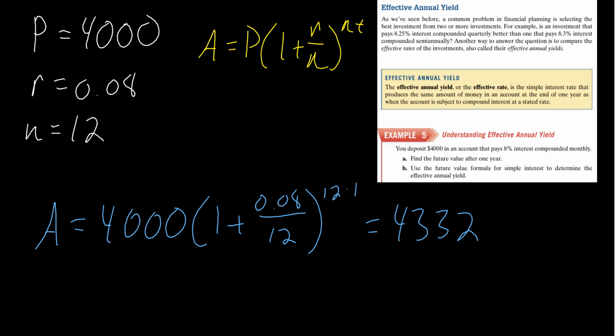Now B reads, use the future value formula for simple interest to determine the effective annual yield. So now we have to use the formula on the previous page. Oh, yeah, okay, so we just have to do simple interest here.